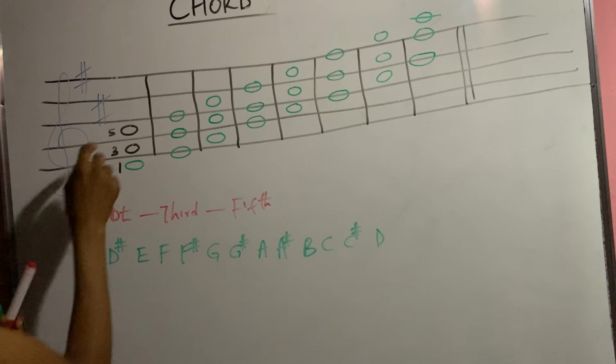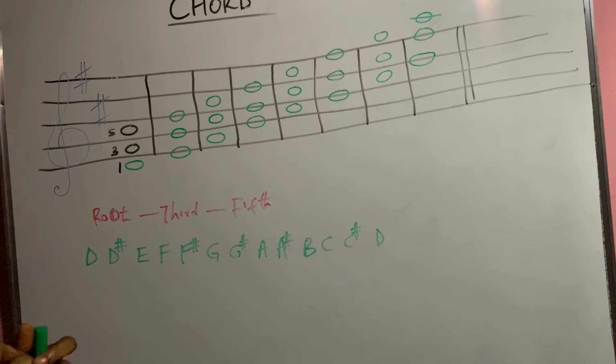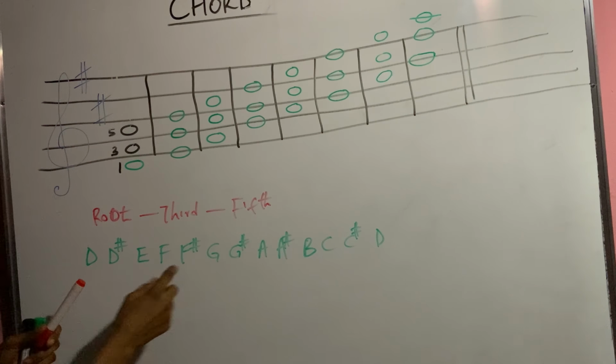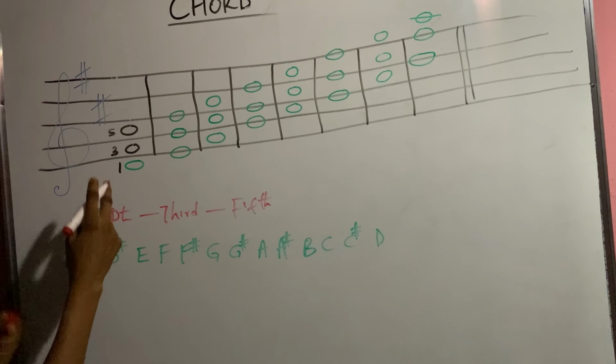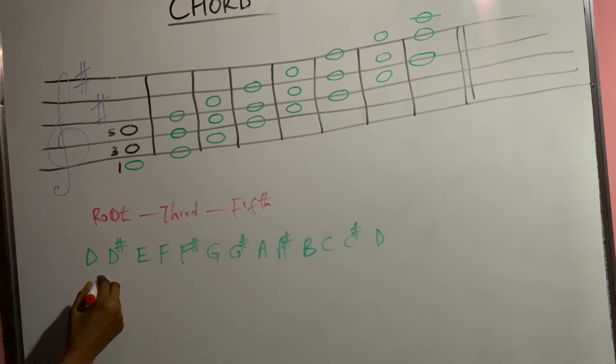So now D to F sharp, let's see, so that we know when we can have a minor or a major triad. Now D to F sharp consists of 4 semitones. So 4 semitones is what? A major third. So that means we have a major third.